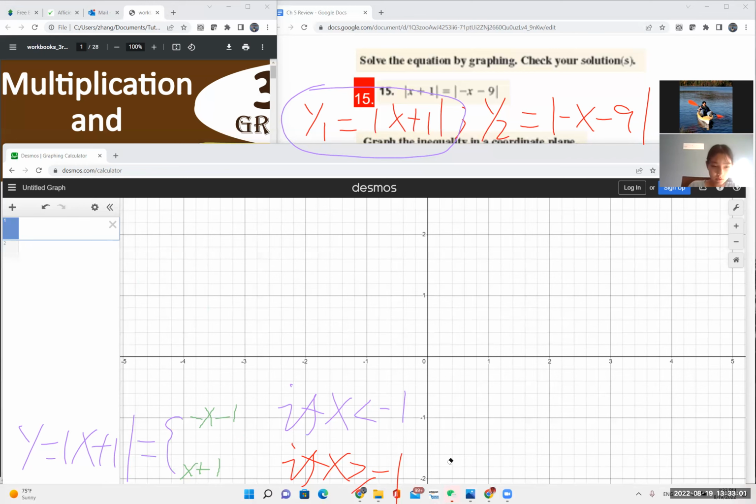Draw this first, right? Y equal to negative x minus 1. But we will not take all the line, we just take a part of the line. Which part? When x less than negative 1. Anyway, draw this line first.